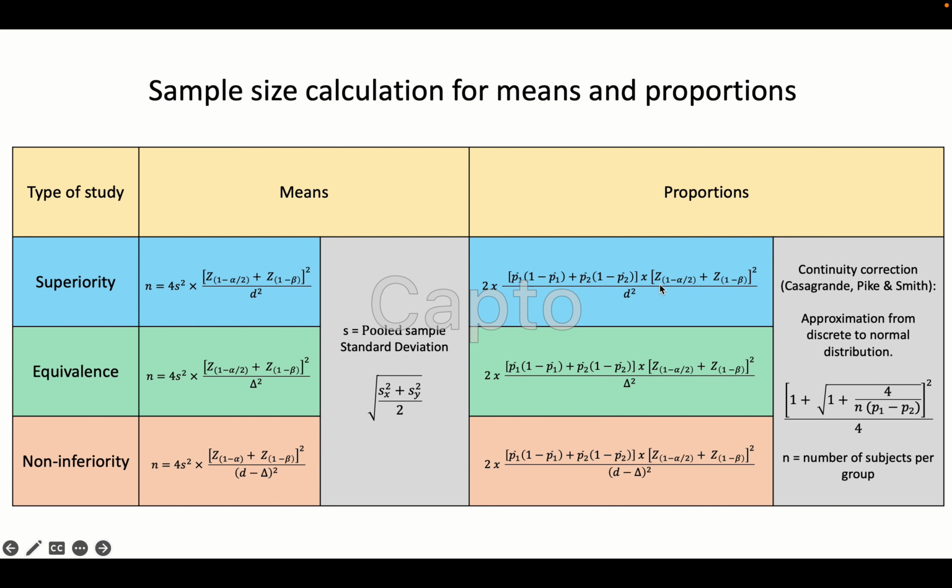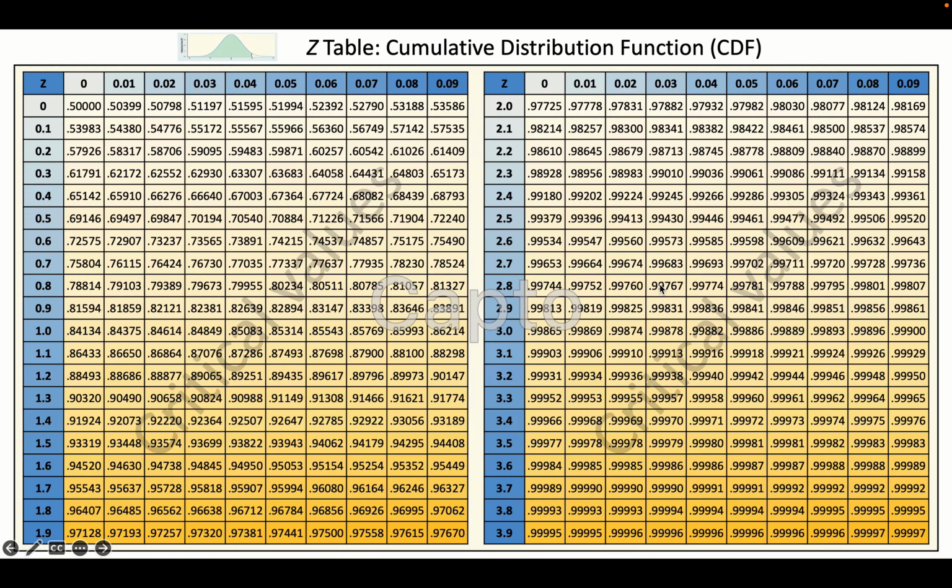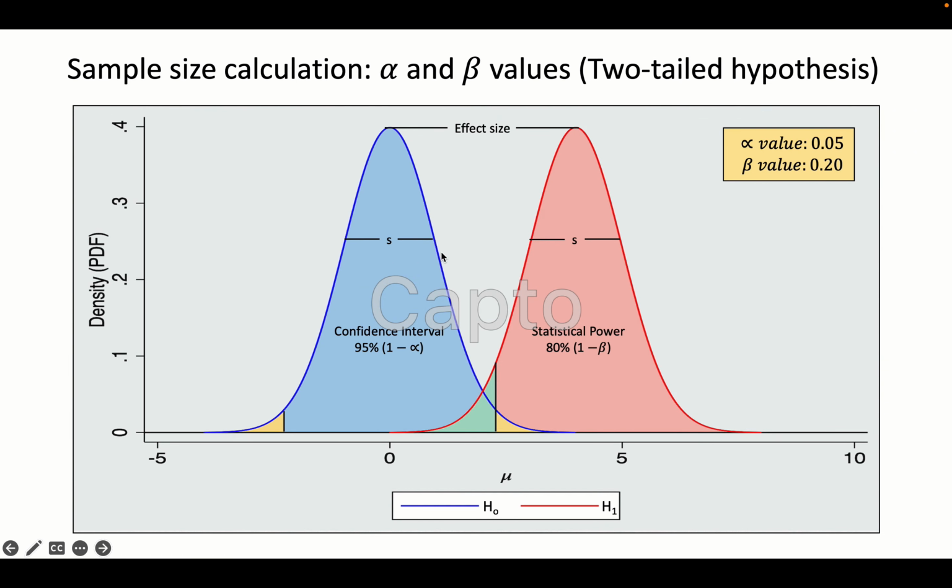And then you will have the standard deviation for one sample, and then the standard deviation for the other sample. In many cases, we assume that the standard deviation is equal among samples, but this is not always true.